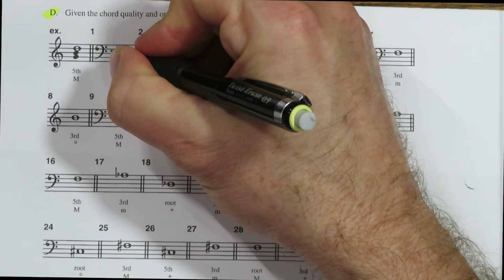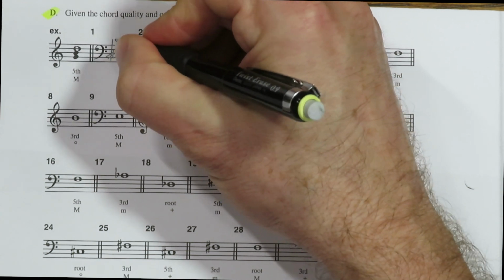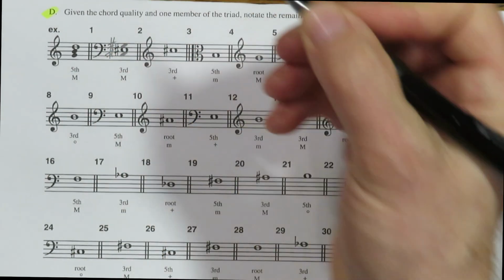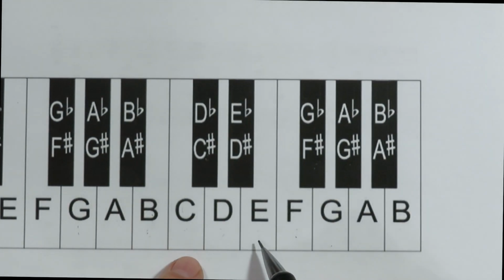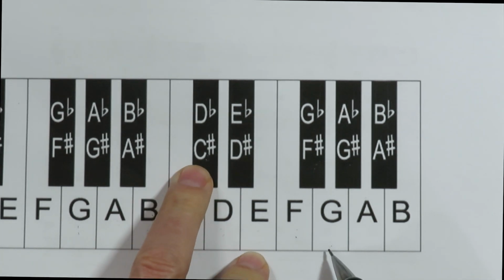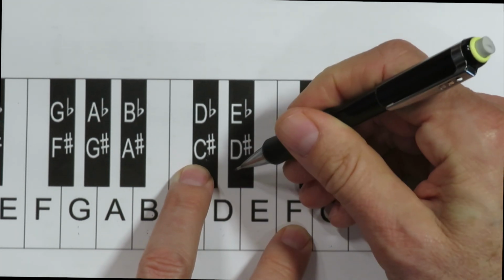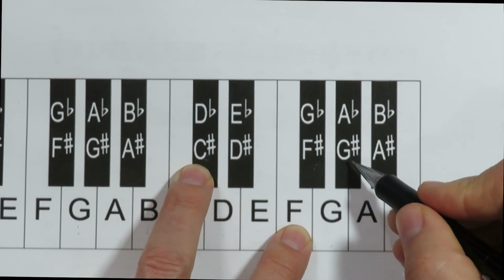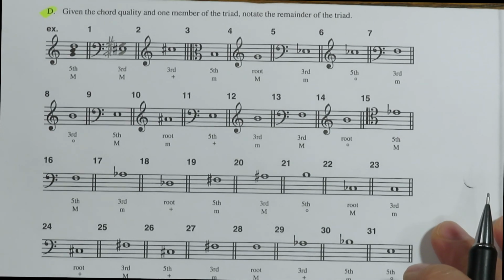Alright, so we have C sharp, E sharp, and G sharp. And I shall prove that to you. So here we go. C, E, G. C major. So we sharp everything. C sharp, E sharp, G sharp. Major third to a minor third.